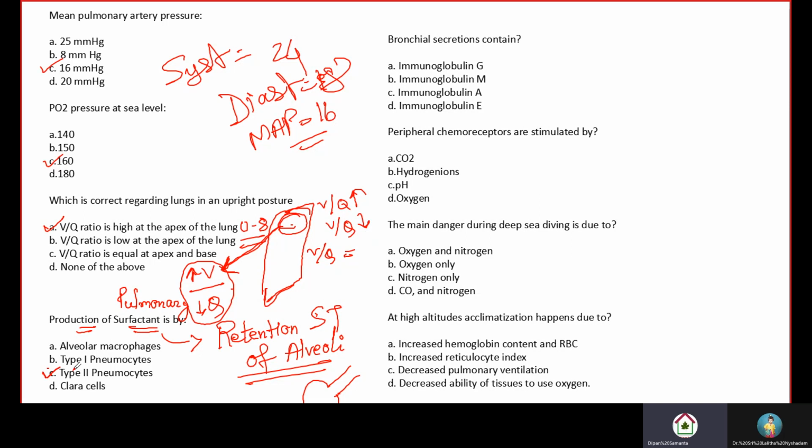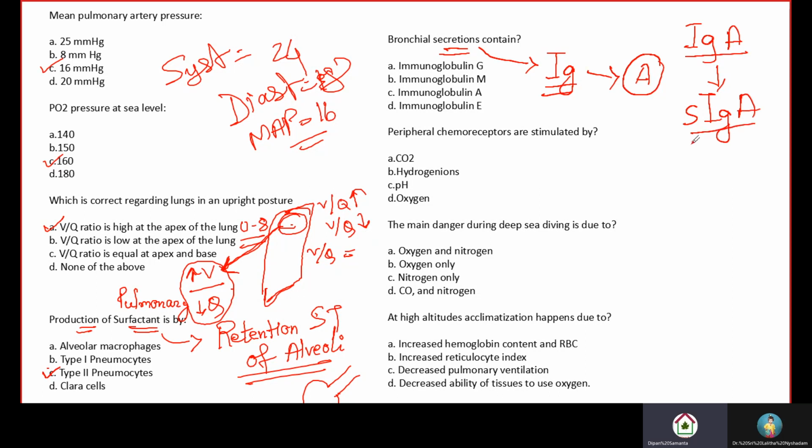Next question, bronchial secretion contains IgG, IgM, IgA. Very common, generally speaking, if any secretion contains immunoglobulin, no question asked, it will be type A, because only IgA has a secretory type, SIgA we call it.